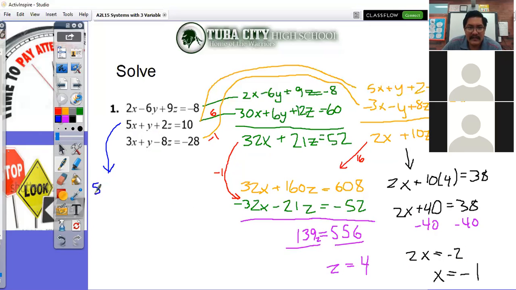So 5 times -1, because I got it from down here, plus y. Now that's what we're looking for, so we don't have that. 2z, and z is 4. So let's see, -5 plus y plus 8 equals 10.